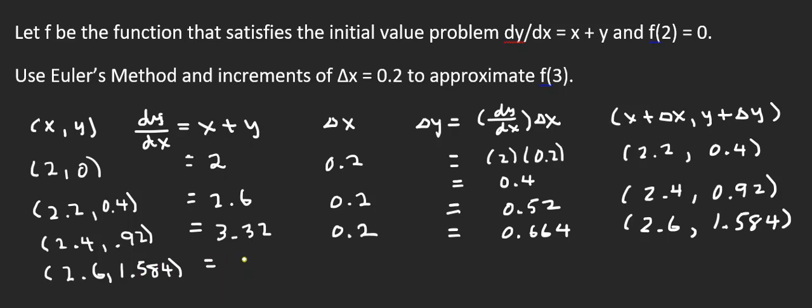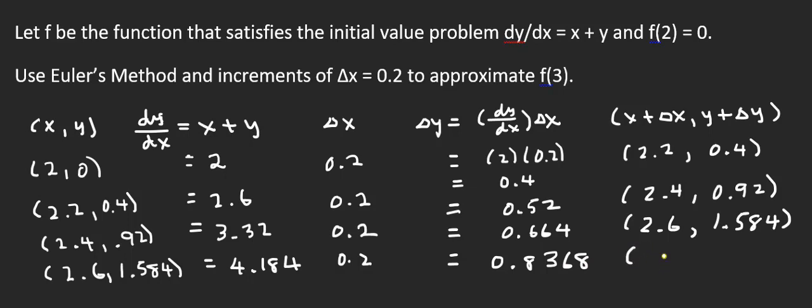So our dy over dx is going to be 2.6 plus 1.584, which is 4.184. Then times 0.2. Our new delta y is going to be 0.8368.